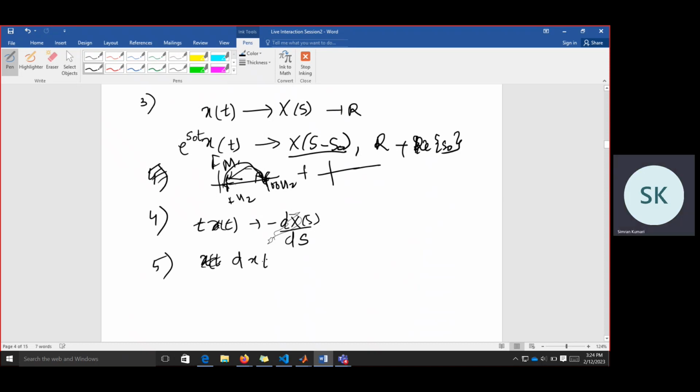And dx(t) by dt, if there is differentiation in the time domain, it is a multiplication in the frequency domain. Now this one is valid if the initial condition is 0. If the initial condition is not 0, then we have x(0).